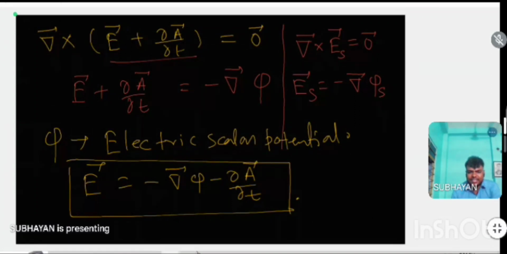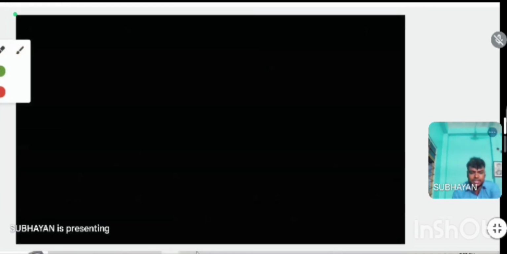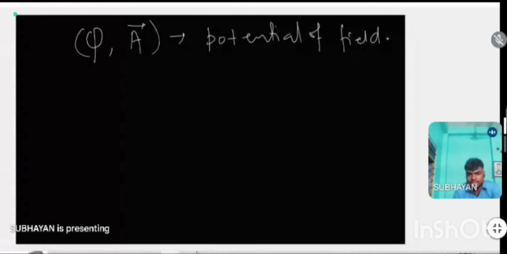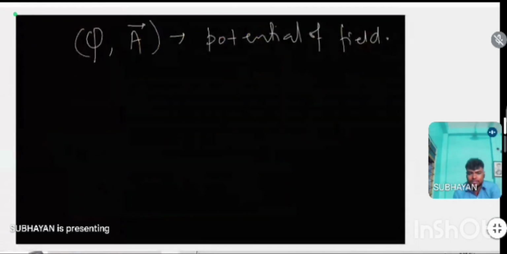So from the second and third Maxwell equations, you can express the fields, the unknowns of Maxwell equations, E and B, in terms of some potentials, namely electric scalar potential phi and the vector potential A. These are the potentials of the fields.